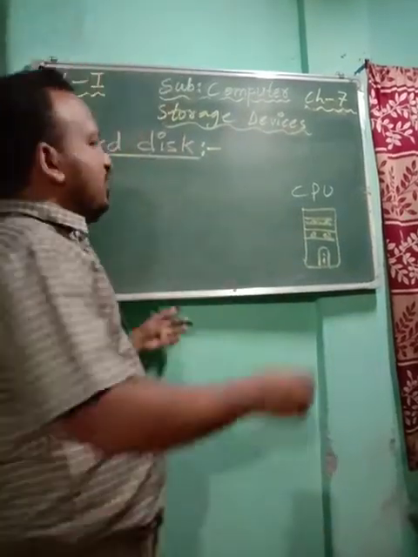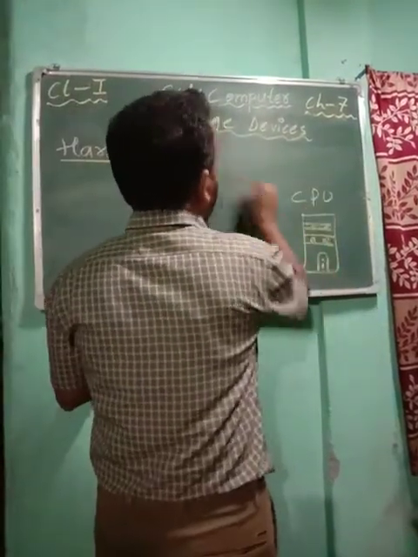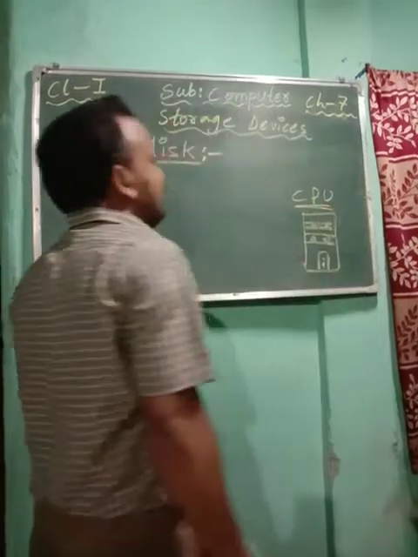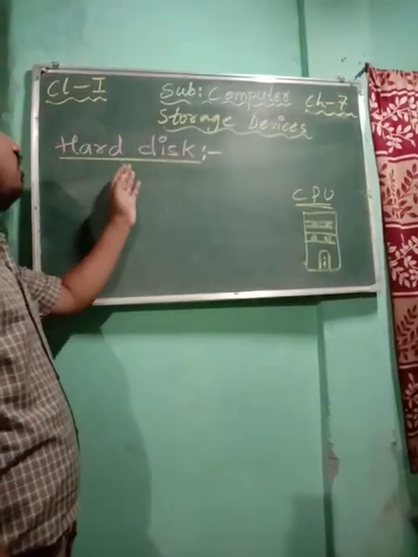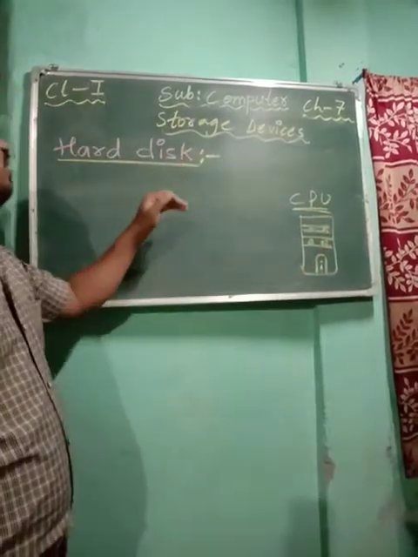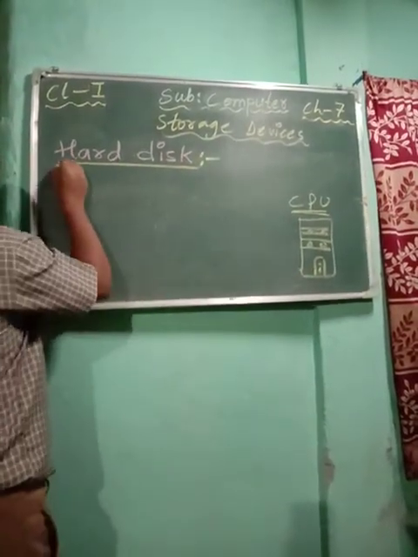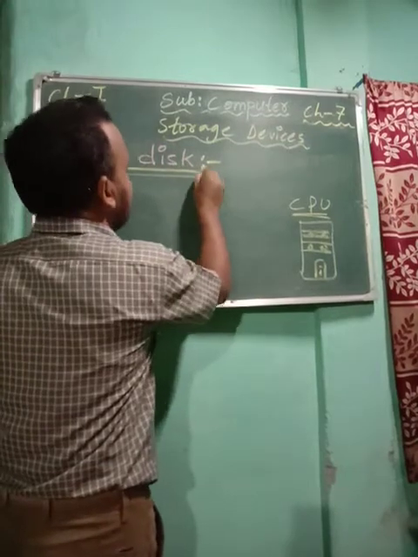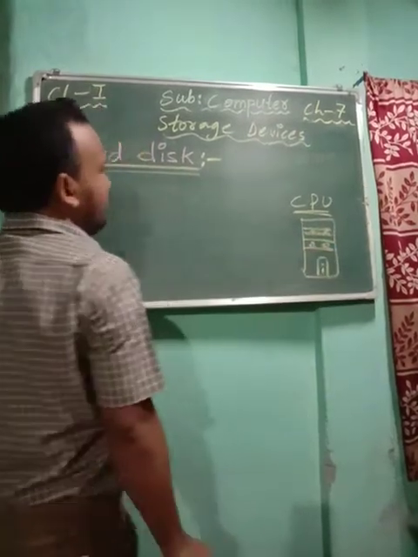So you see, in this CPU everything can be stored. Inside the CPU there is a hard disk. This hard disk is situated inside the CPU. Where is it?